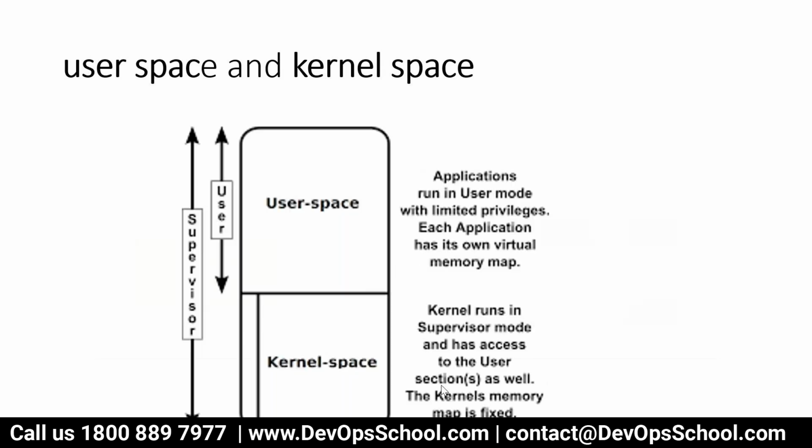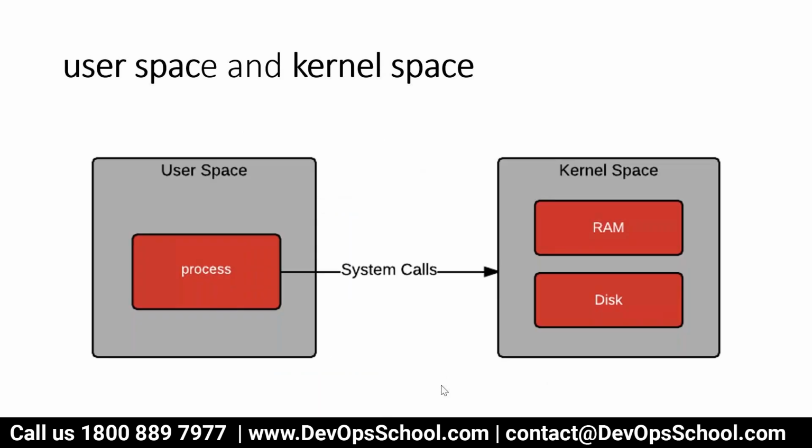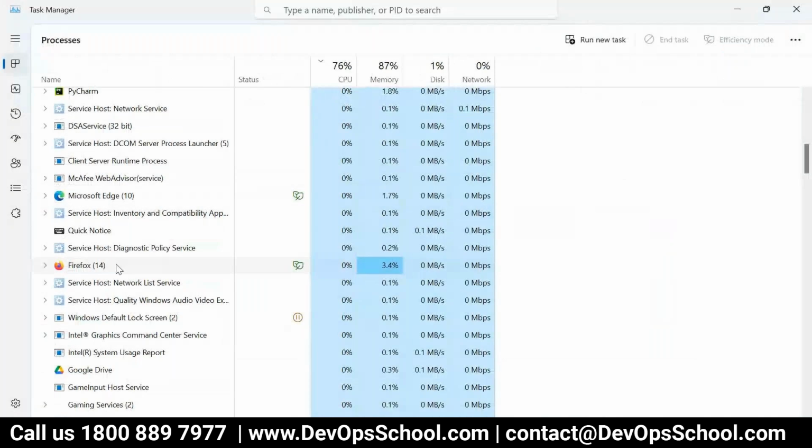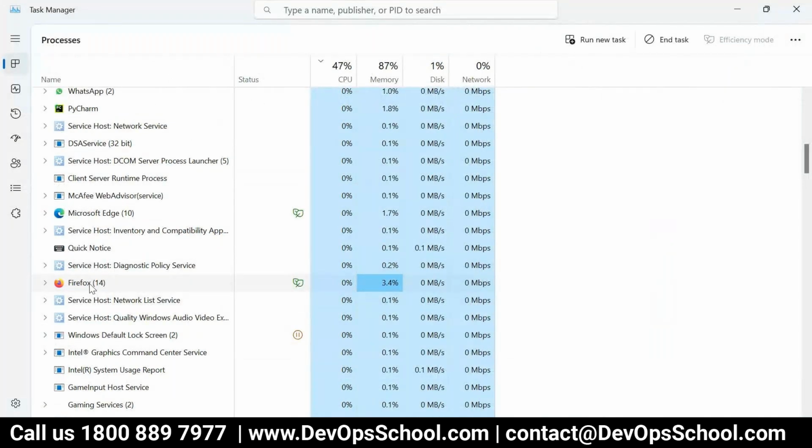Now the next question, again an interview question. They will ask you, how can your program talk to the kernel? Because here you see user and process. A user process means, for example, Firefox.